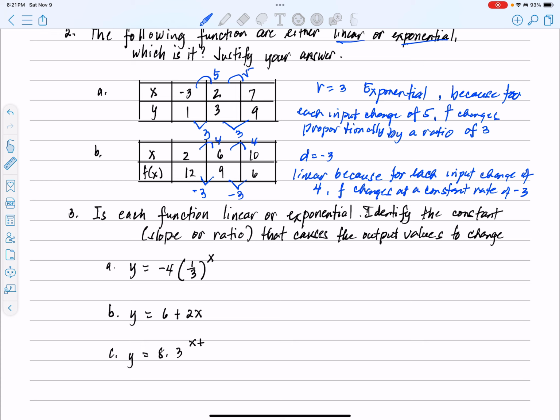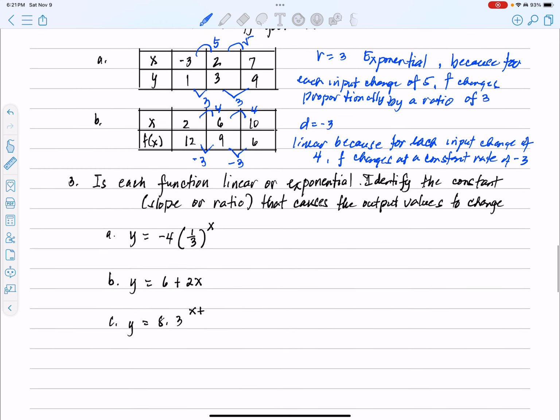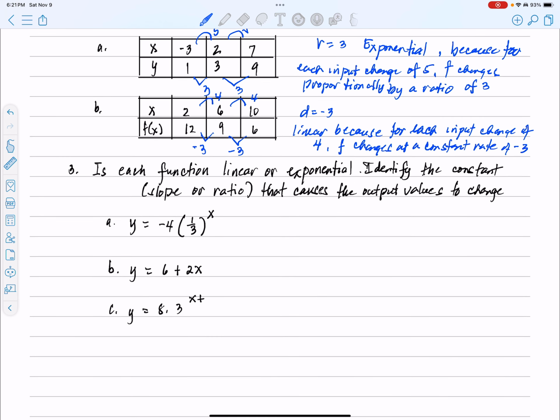Okay, let's do this. In each function, linear or exponential, identify the constant slope or ratio that causes the output value to change. Okay, by looking at this, of course, this is exponential.